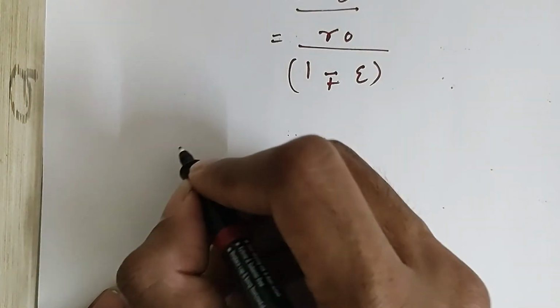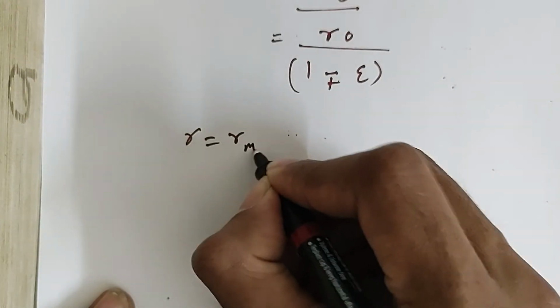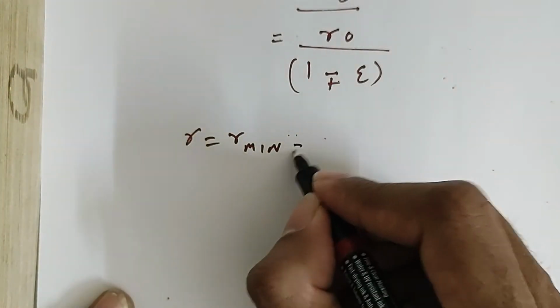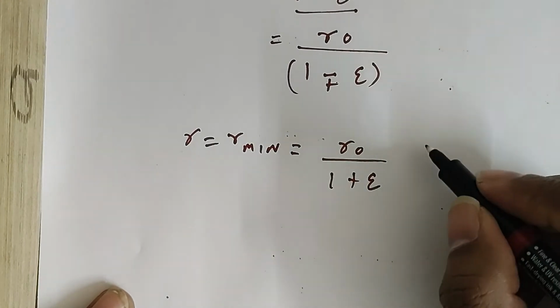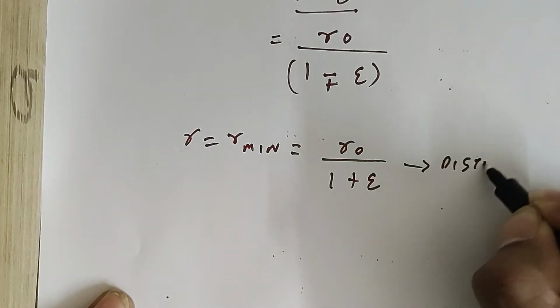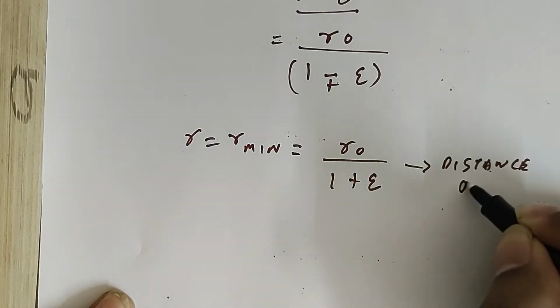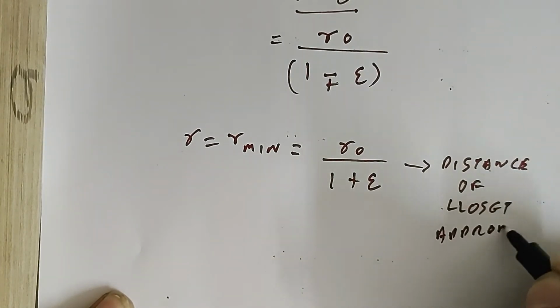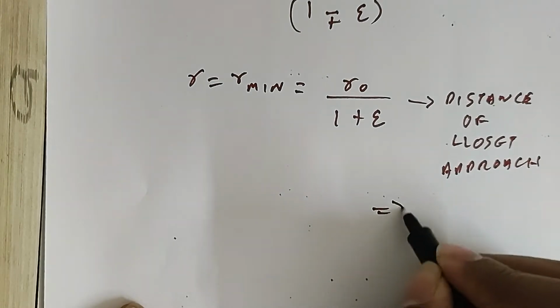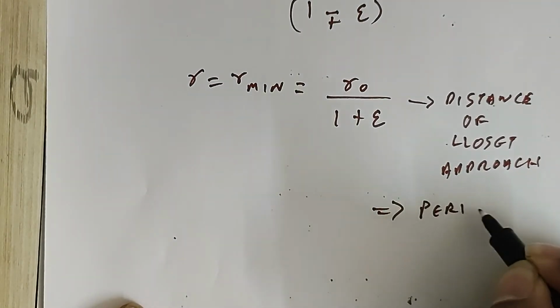So what it's basically saying is we have r, so r minimum would be equal to r naught over 1 plus epsilon, which is the distance of closest approach, also known as perigee.